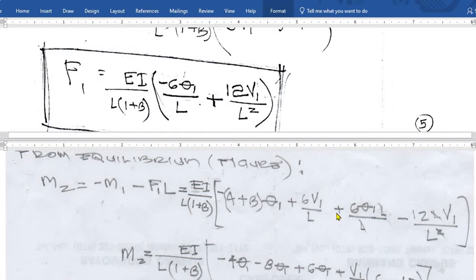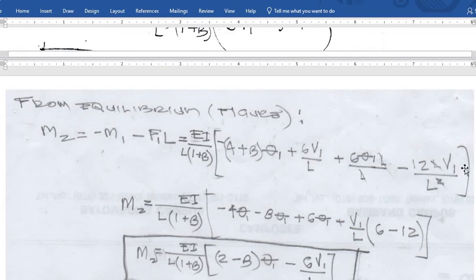Okay, so ito naman, 12 V1 times L all over L squared. Okay? And then, ito, yung positive, magiging negative kasi dito mayroong minus. Yan. So, from this equation ngayon, magka-cancel yung mga length dito.